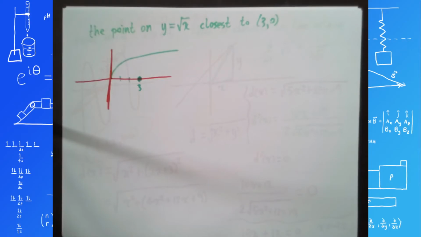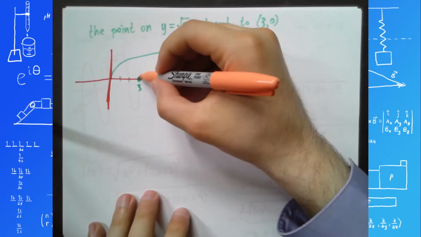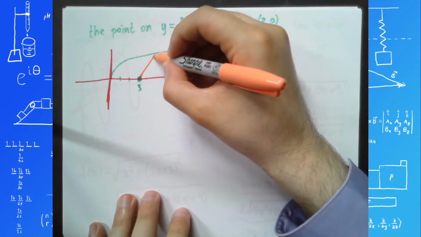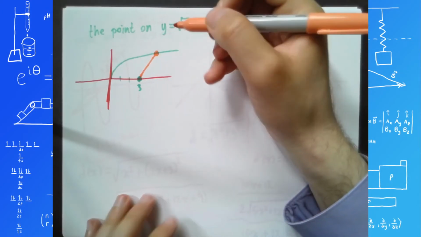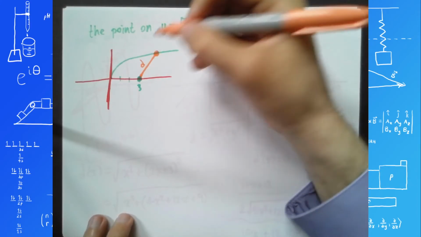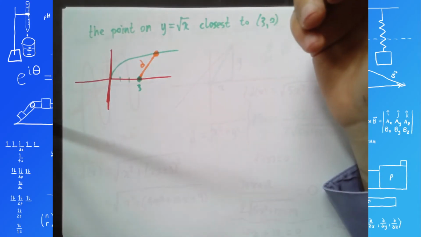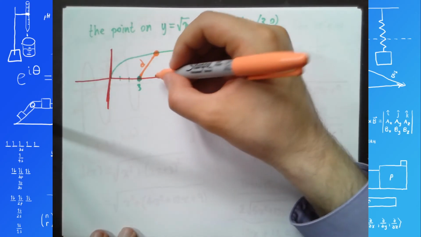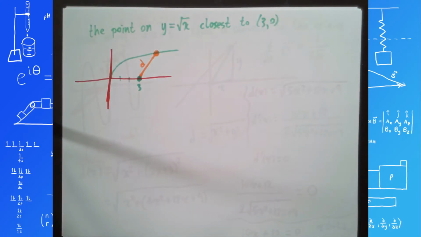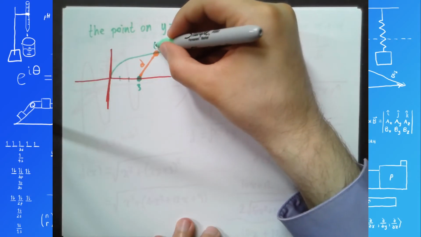Okay, and if I were to pick some arbitrary point here, say that point, and I want to measure its distance. I'm assuming you already know your distance formula from geometry, but just in case, it's not too hard to reconstruct it. So this point is going to be some sort of x, y.